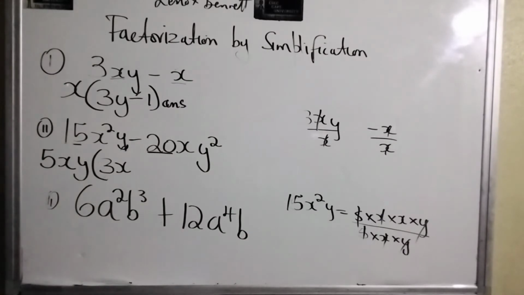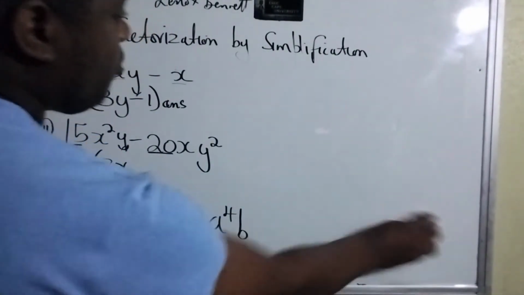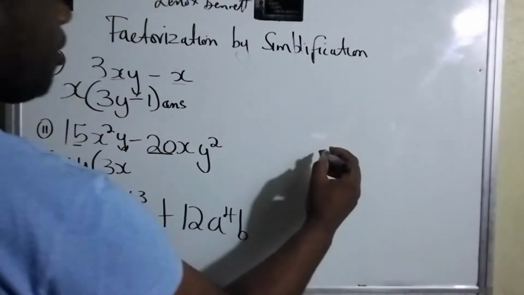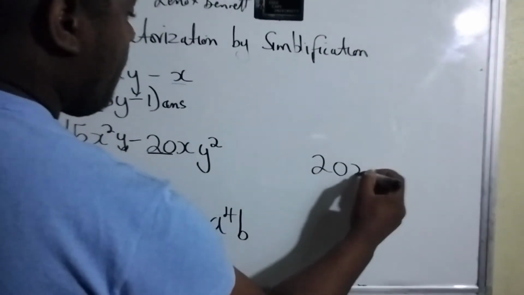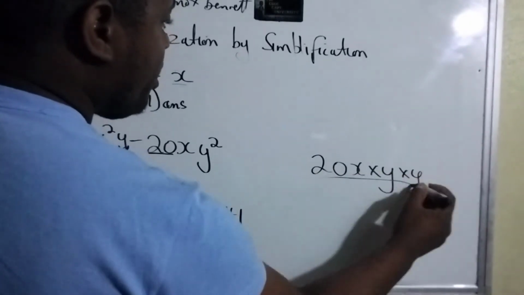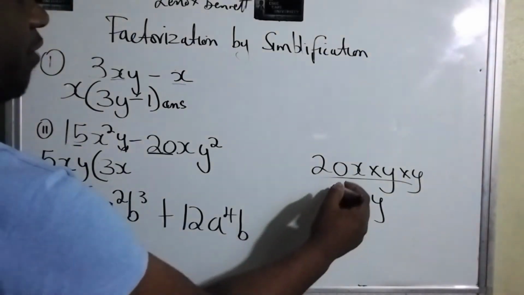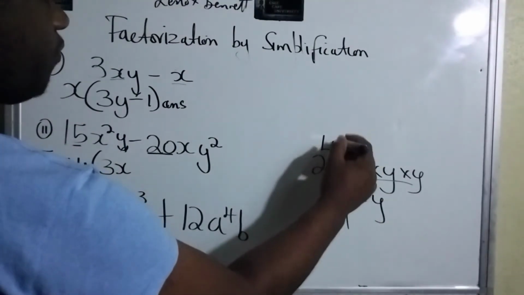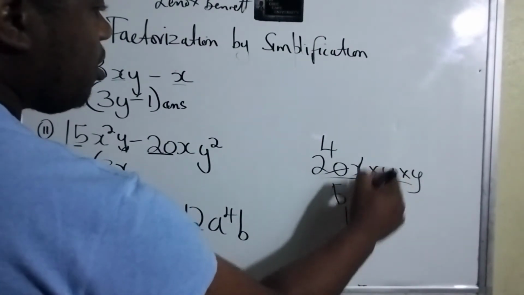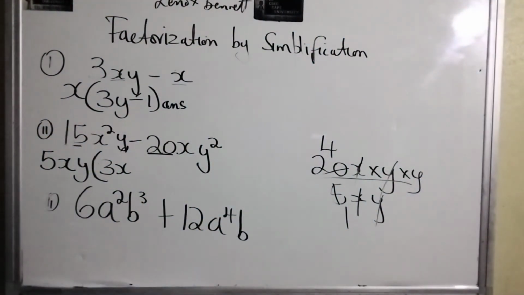Same procedure. As you see, I'm not jumping any step. If someone sees this for the first time, they can follow. And we are dividing by 5xy, right? 5 into 20, 4 times. One of the x cancels, one y leaves. So we are left with 4y.